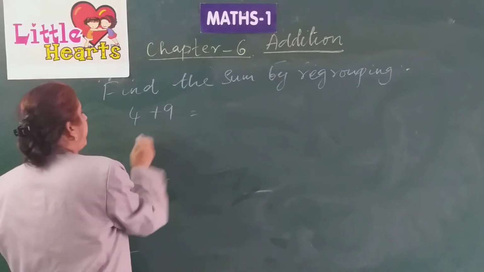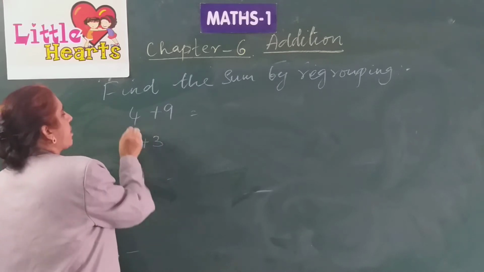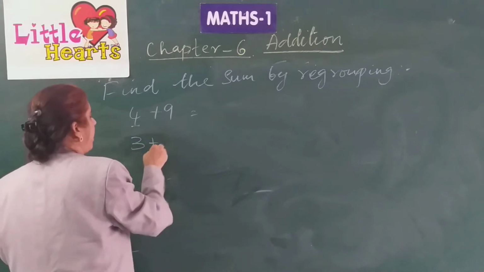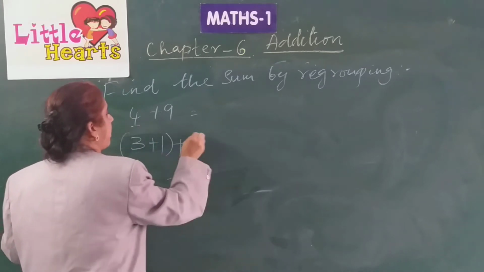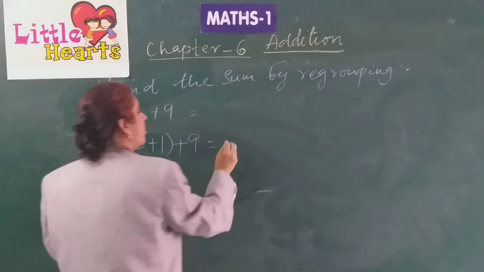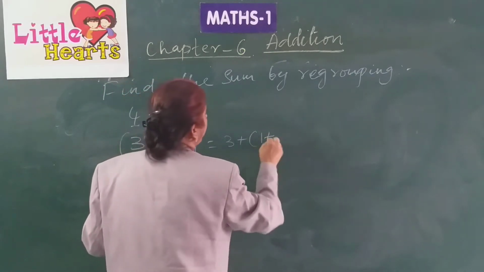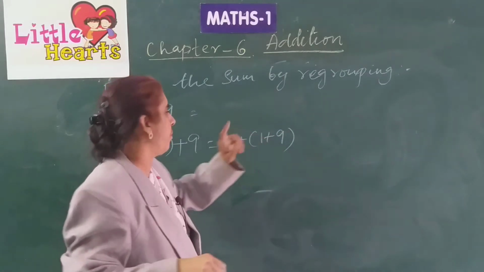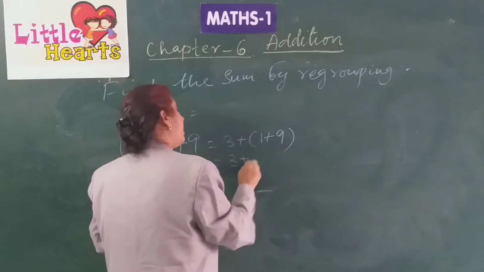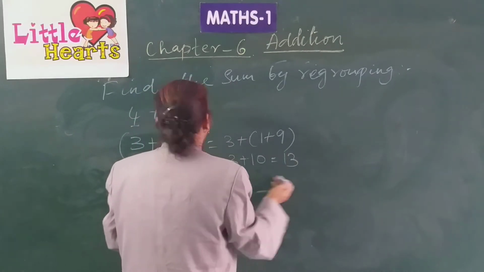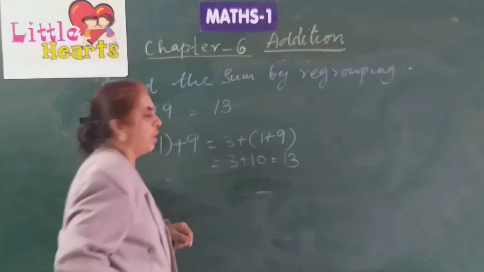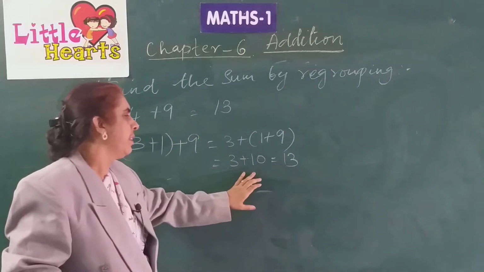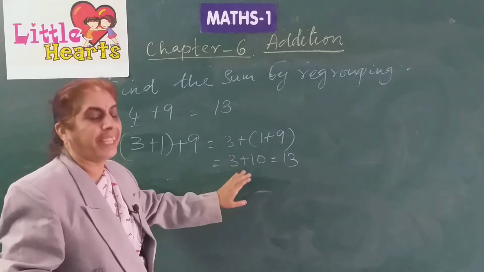This 4 can be written as 3 plus 1 or 1 plus 3. So 3 plus 1 plus 9. 1 plus 9 or 9 plus 1 is 10, we know that. 3 plus 10 equals 13. So 4 plus 9 equals 13. We are regrouping and making a 10 so that addition becomes easy.